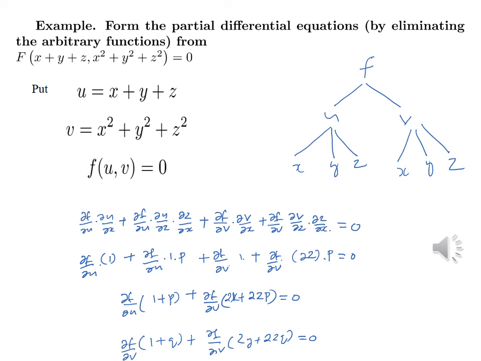When you substitute the values of ∂u/∂x is 1, ∂u/∂z and so on. Now you proceed the same way for the derivative with respect to y. We get ∂f/∂u into (1 plus q) is equal to ∂f/∂v into (2y plus 2zq).